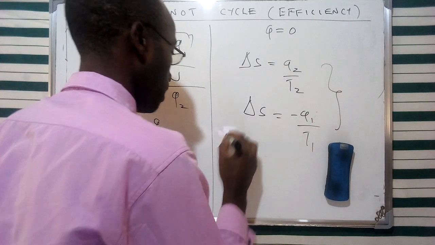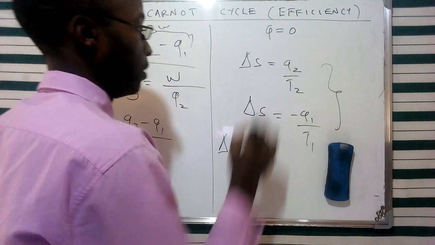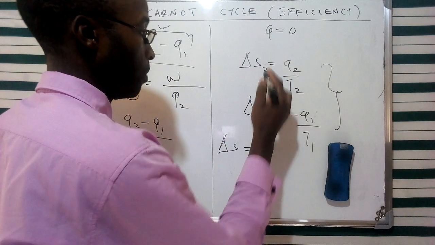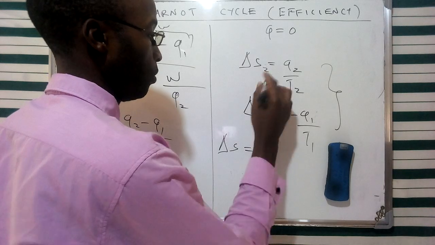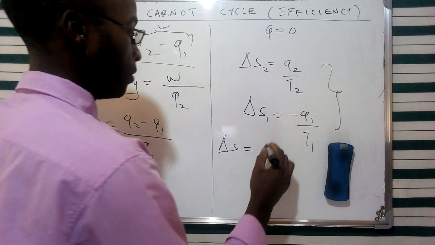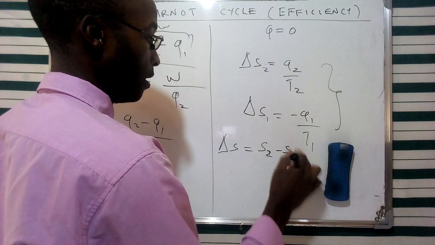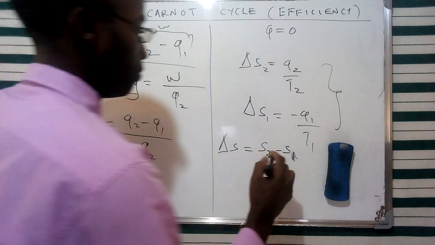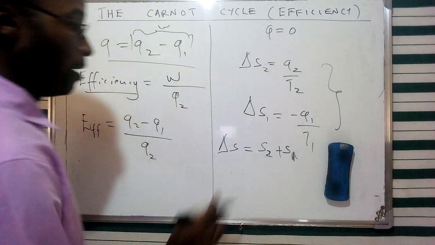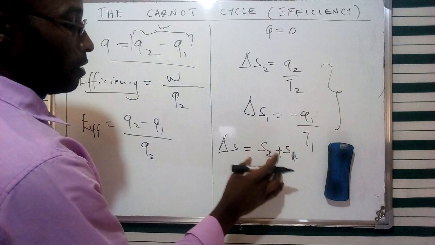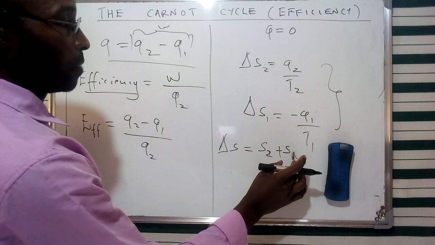So the total change in entropy is going to be given as entropy 2 minus entropy 1, as we have been doing in various equations, which is going to be the summation of the entropy of the system, S2 plus S1 in that case.